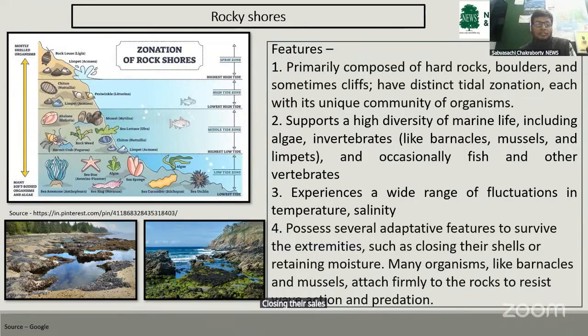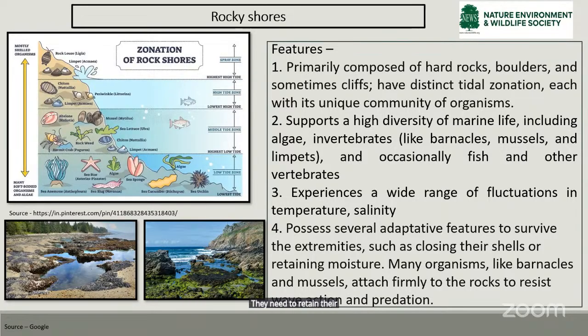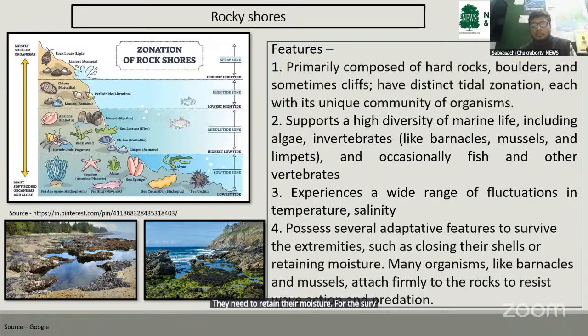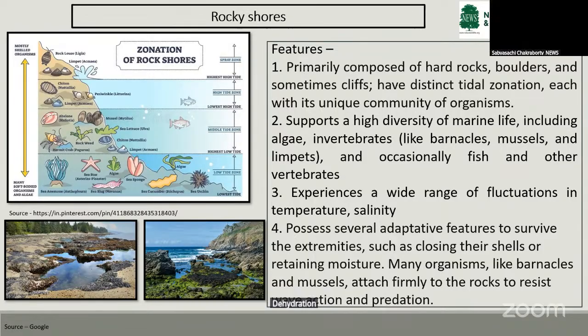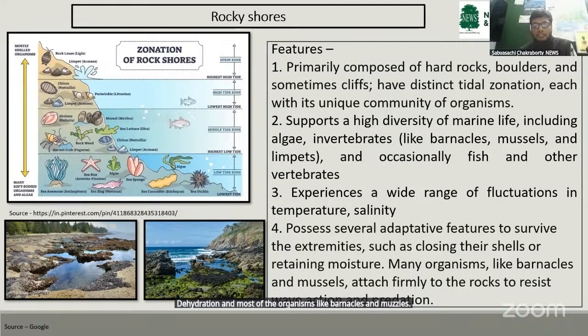Once the tide recedes, due to the sun, the evaporation is also high. So the organisms need to retain their moisture for their survival, so they close their shells to prevent dehydration. And most organisms like barnacles and mussels firmly attach to the rocks to resist wave action and predation.